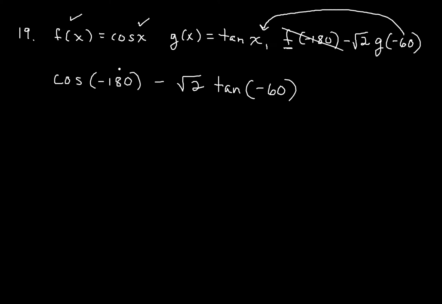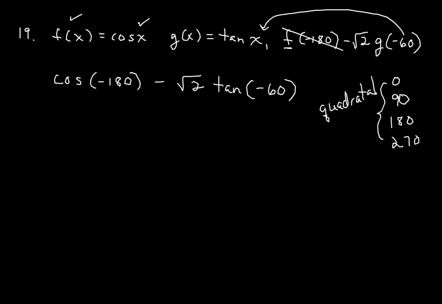Now, if you have 0, 90, 180, and 270, these are all called quadrantal angles. Quadrantal angles. I think that's how you spell it.